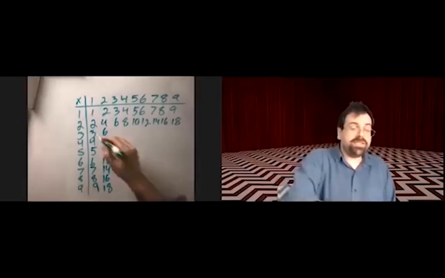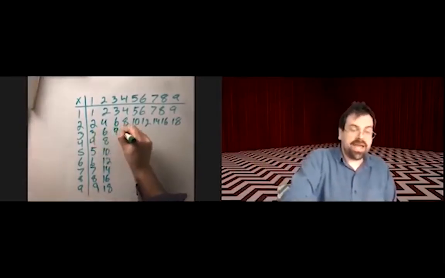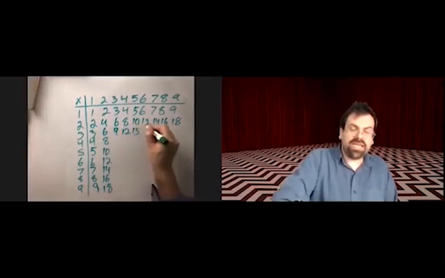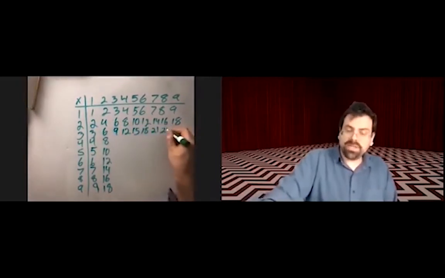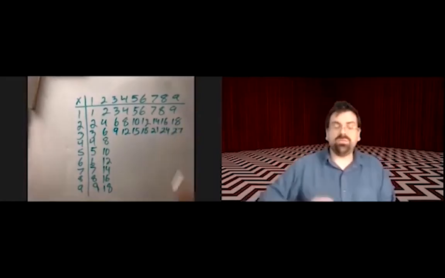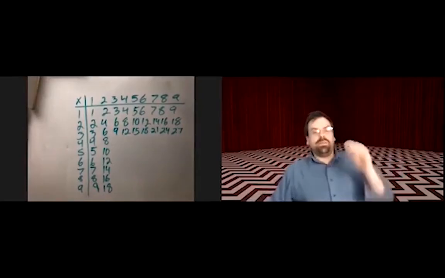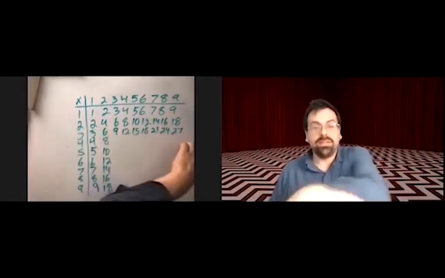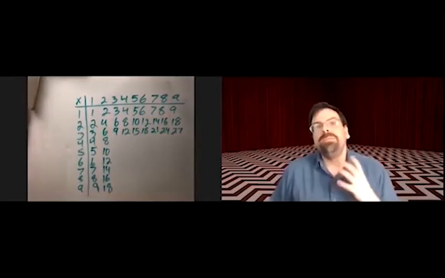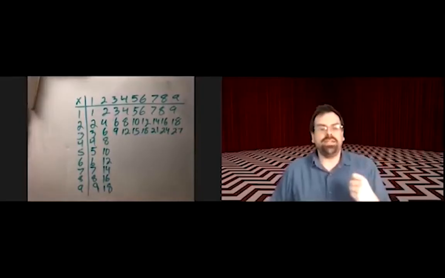Skip count by threes. 3, 6, 9, 12, 15, plus 3 is 18, plus 3 is 21, plus 3 is 24, plus 3 is 27. Adding 3 every time gives us all of our threes because multiplication is just repeated addition.